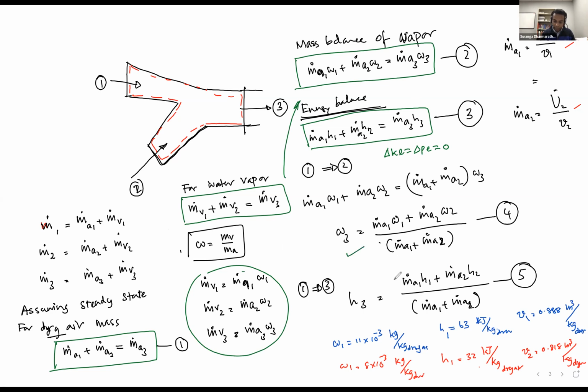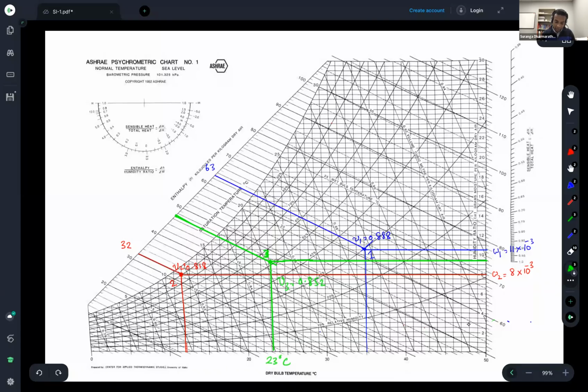And then also combining 1 and 3, obtain this equation, H3. Then all these values are found by using our psychrometric chart. You can see those blue and red lines refer to state 1 and 2. And then also we found specific volume as well to find the mass flow rate.